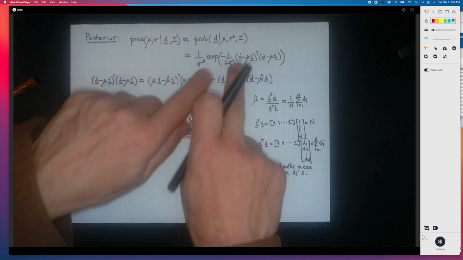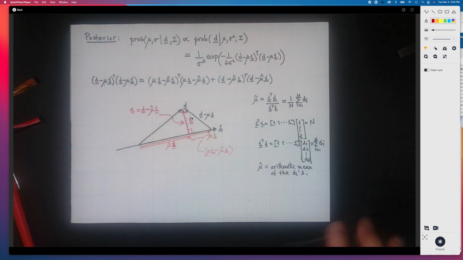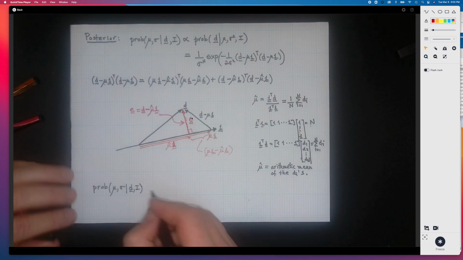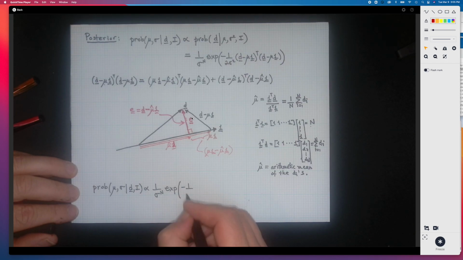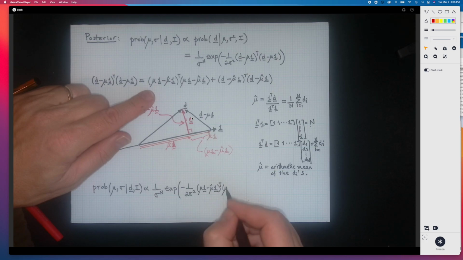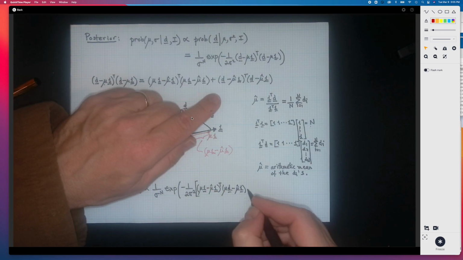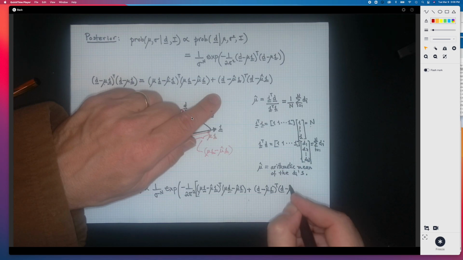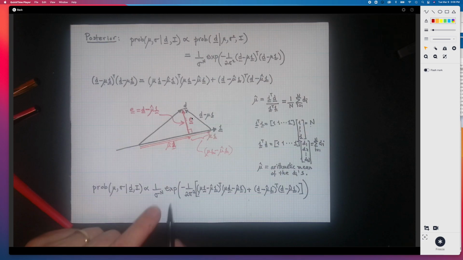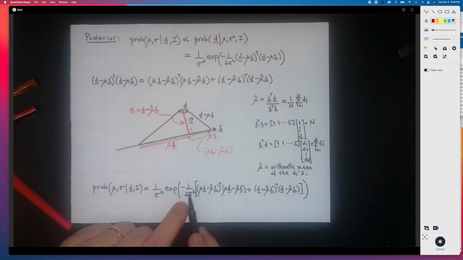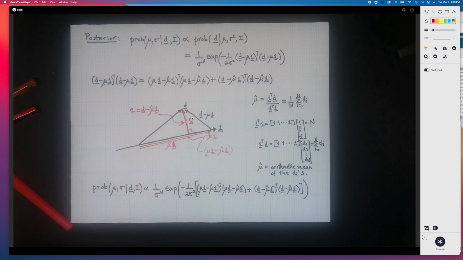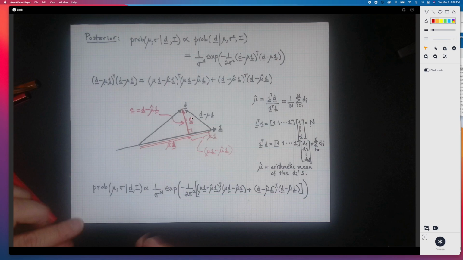Okay, so I can use this to rewrite the expression for the posterior probability. It's the exponential of minus 1 over 2 sigma squared times the sum of two perfect squares, and this can be simplified further.